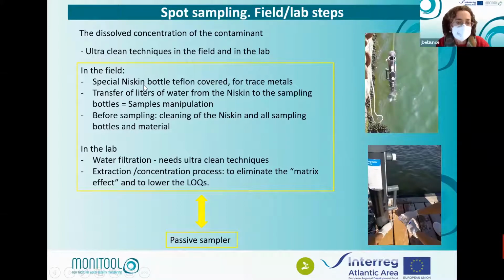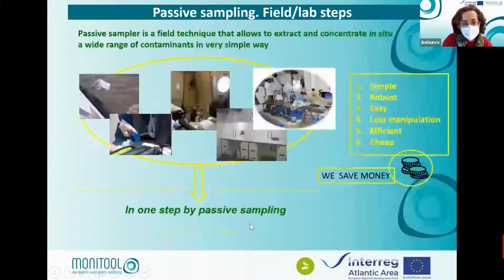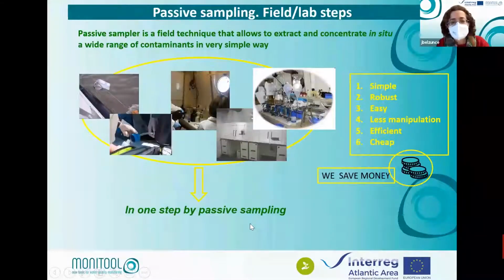All those steps that we do in the field and in the lab, we can do at once with passive sampling. Passive sampling is a field technique that allows us to extract and concentrate in situ a wide range of contaminants in a very simple way. What we have to do in the field and in the lab with the grab sample, we can do in one step by passive sampling.